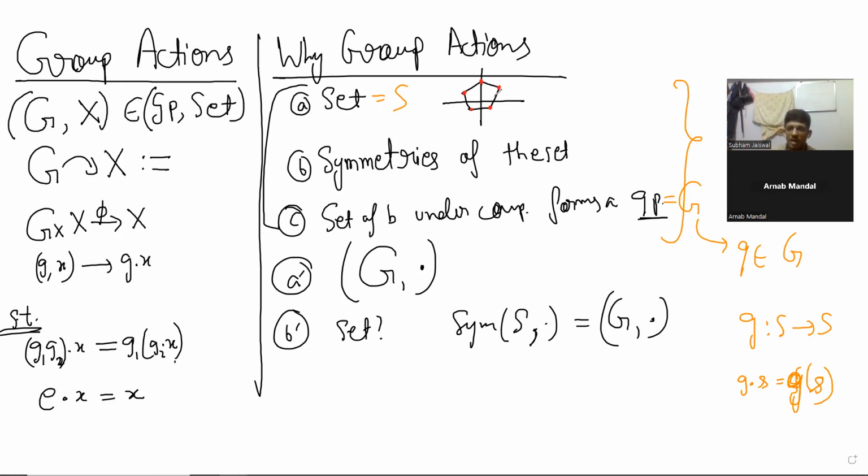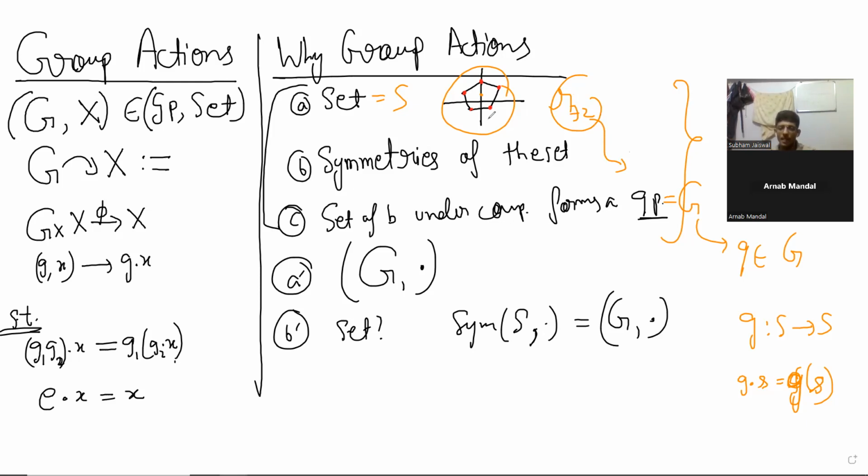For example, rotation by 360 over 5 is 72, right? Rotation by 72, R72, is an element in this group, but it also acts on this set. So every element of the group acts on this set, correct? And in that way, you get a group action. This is the perfect group action.